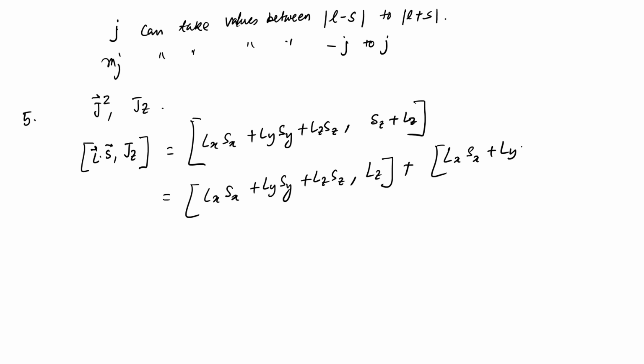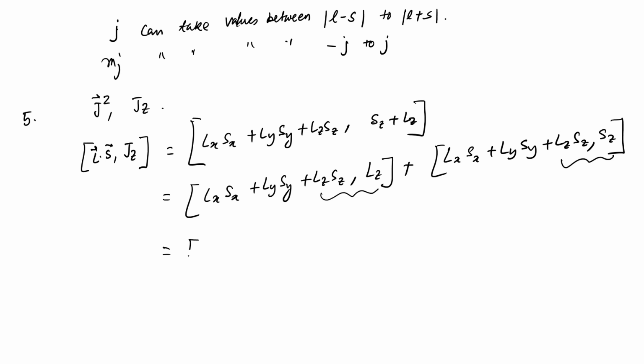plus Ly Sy plus Lz Sz. This needs to be seen, and the commutation between these two terms is not important here, because they would commute anyway. That is what I meant. These terms you can leave, because Lz Sz with Lz is definitely equal to 0, and Lz Sz with Sz is also definitely equal to 0.